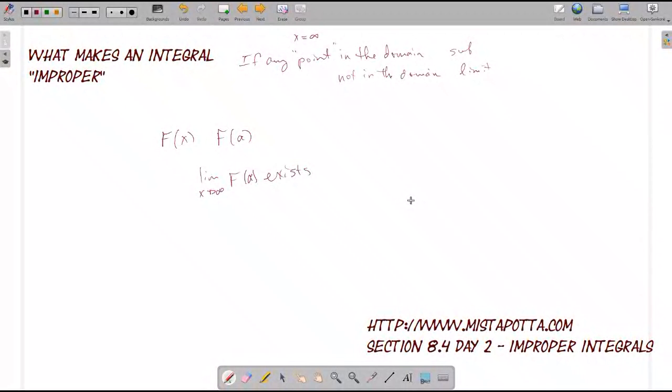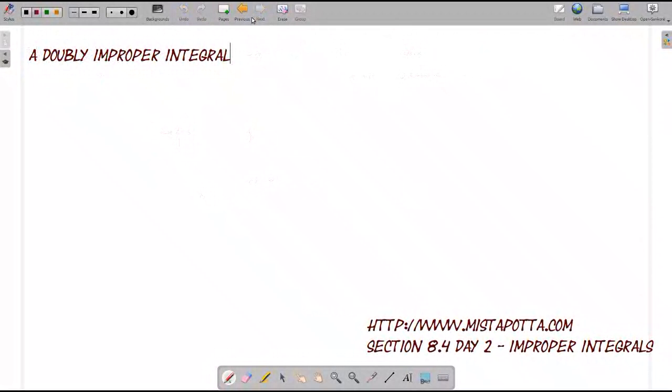So I want to do one last example here. This will be a pretty short lesson, but I want to do a doubly improper integral. And by doubly improper, that means that I really need to take a look at this from two different sides.